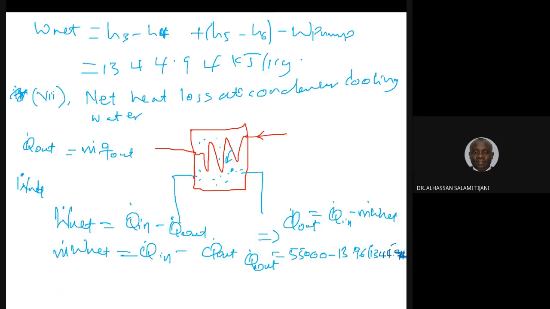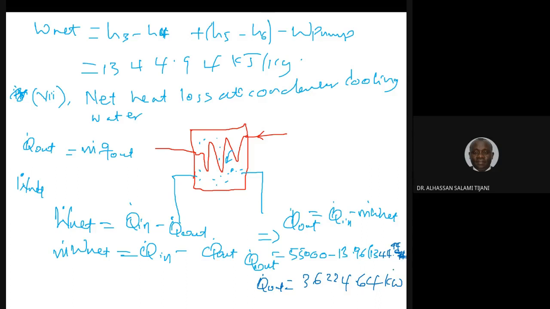Okay, so if you calculate this carefully, Q out equals 36224.64 kilowatt. All right. So from here, this is the only way we can find our Q out. Q out means the net heat loss by the condenser.